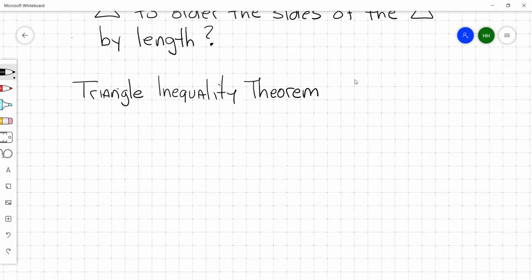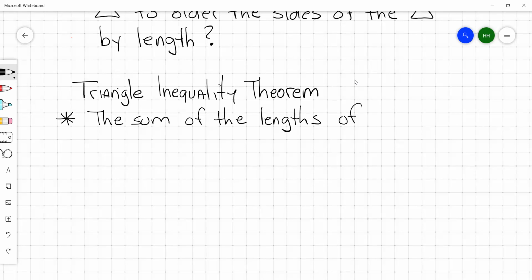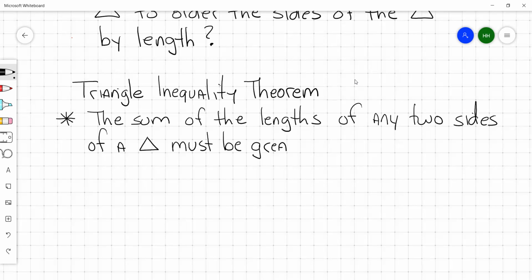And this theorem states that the sum of the lengths of any two sides of a triangle must be greater than the length of the third side.